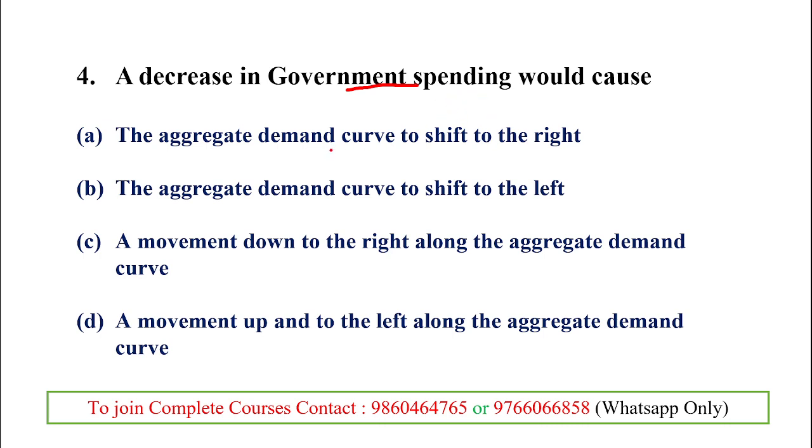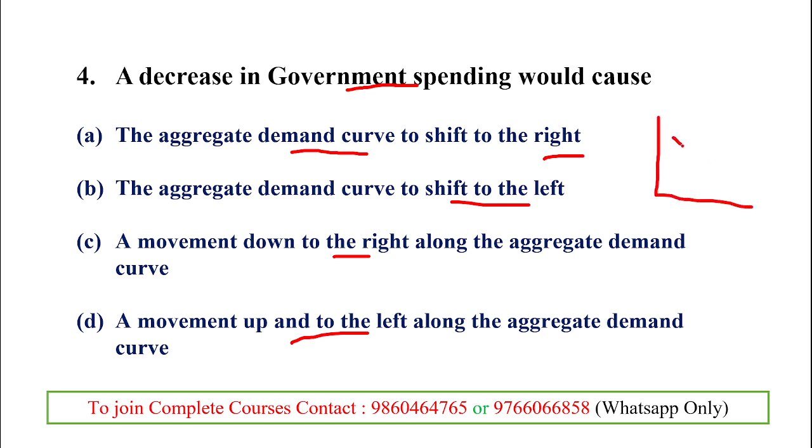It indicates the aggregate demand curve shifts to the right, or the aggregate demand curve shifts to the left, or it moves down to the right along the demand curve, or it moves up to the left along the aggregate demand curve. So when the government spending increases, it means a positive impact, or a rightward movement.